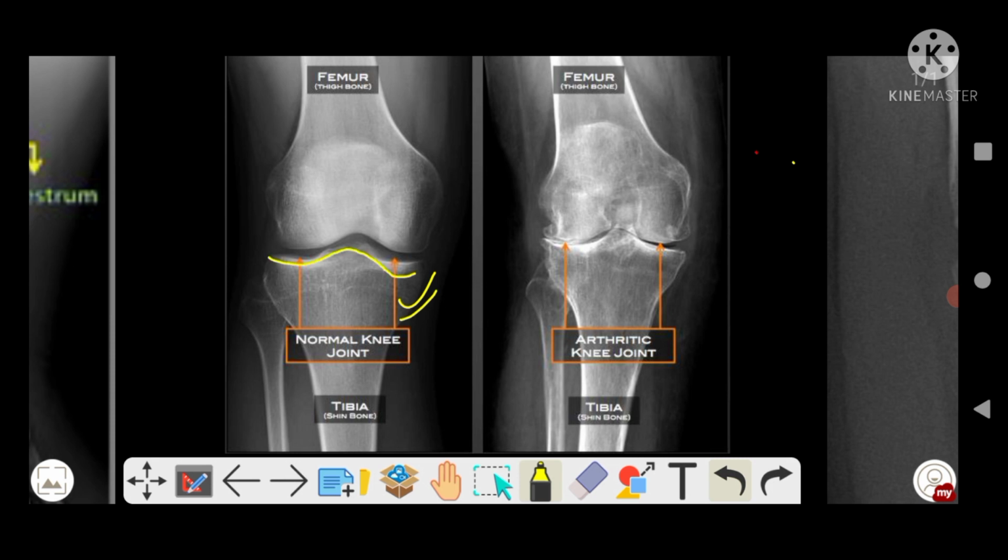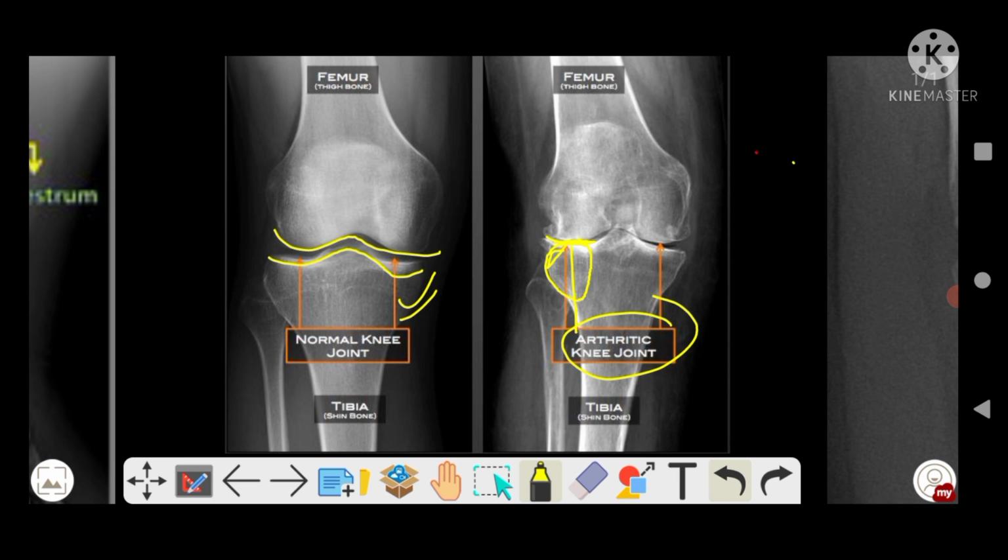See this space, well and good, right? Now see this space, this is the arthritic knee joint. You can see that this space is becoming narrowed because there is destruction and sclerosis all around, right? And we can also see osteophytes in some cases. Subchondral bone cysts are also seen.